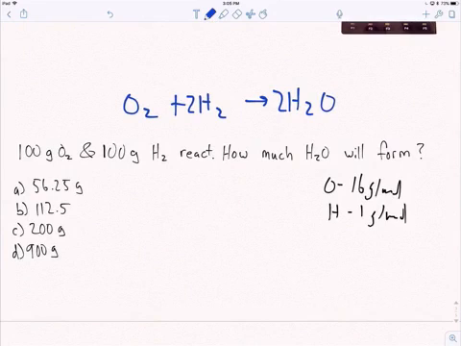Next problem. This is for you. 100 grams of oxygen and 100 grams of hydrogen react. How much water will form? So this is the theoretical yield. And there's the balanced chemical equation.